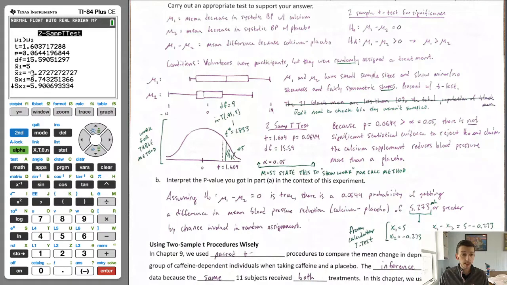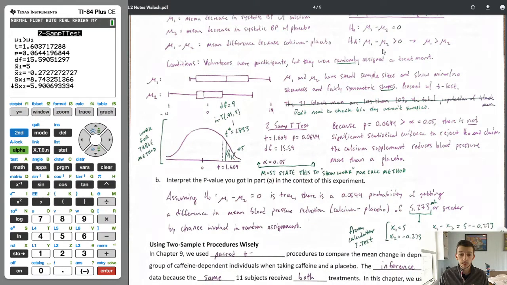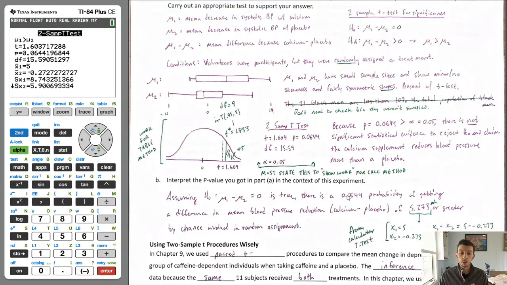So when you subtract these, x sub 1 minus x sub 2, you do 5 minus a negative 0.273, and that gives you the true difference in the two groups. And then the 0.06 is the probability that this difference happens, or more, just based on random chance. So if you need to go back and listen to that again, do so.